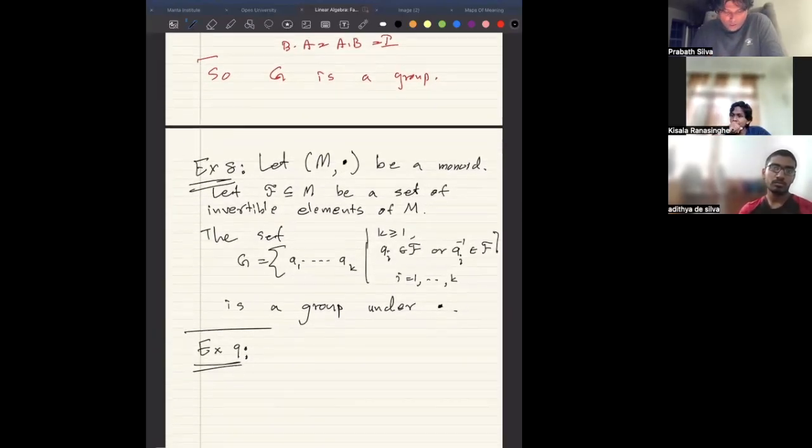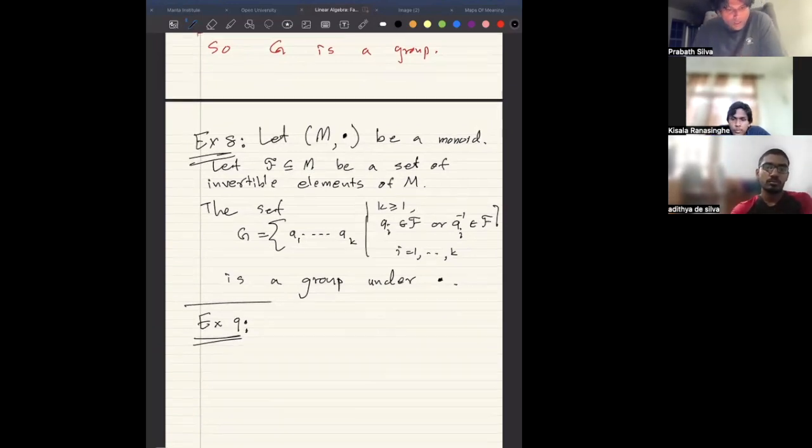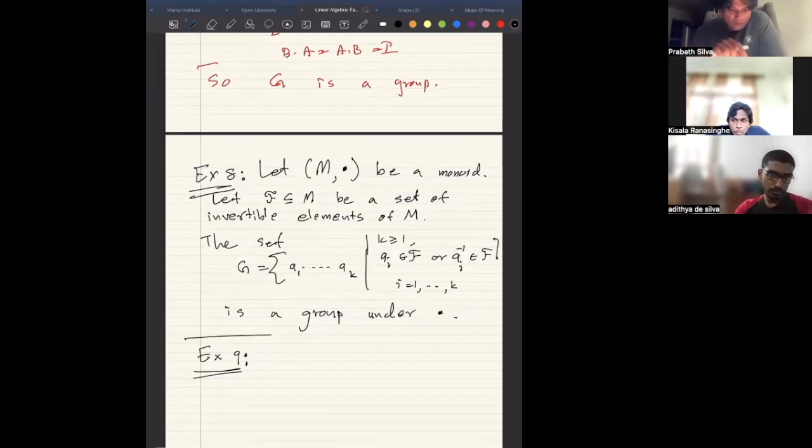This one. So in here, what we did, we looked at individual invertible elements, and then we considered their finite products, and then you show that those things form a group, right?